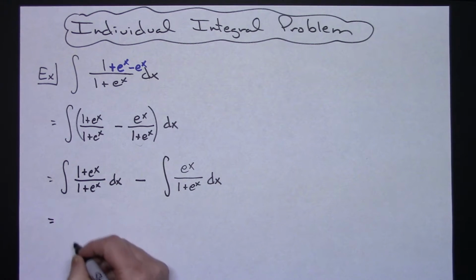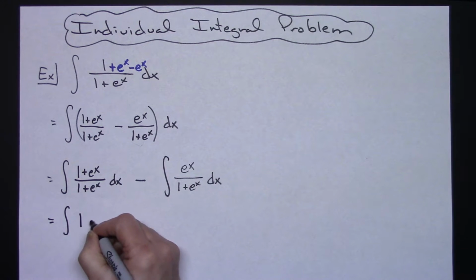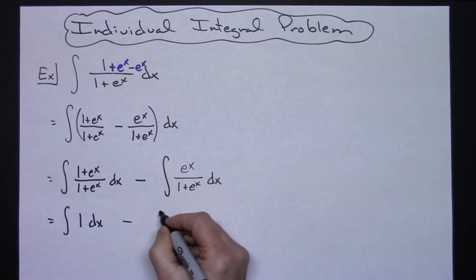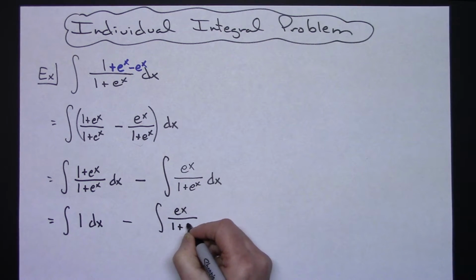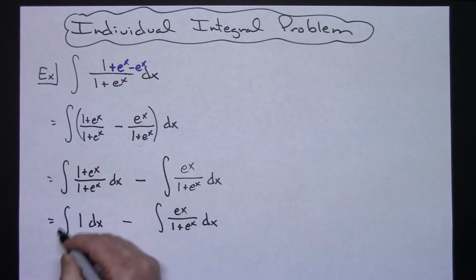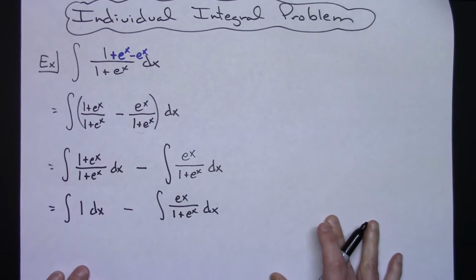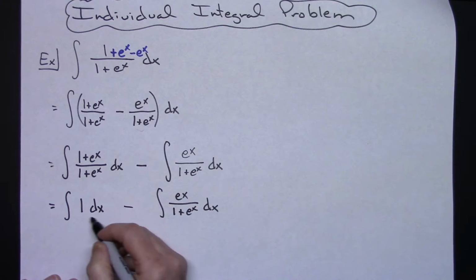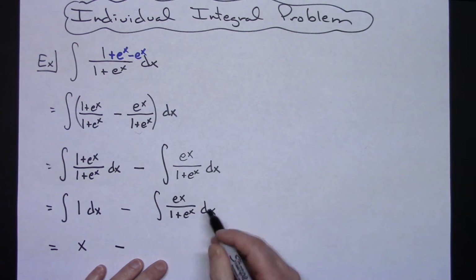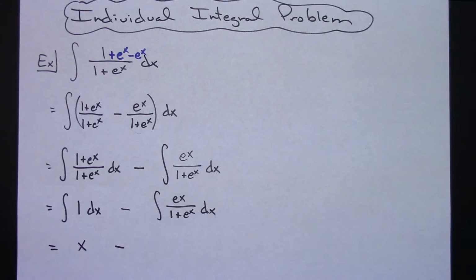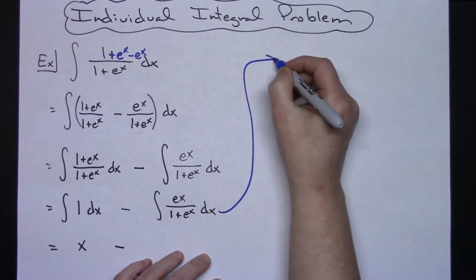We'll do one more showing that: the integral of 1 dx minus the integral of e to the x over 1 plus e to the x dx. Now the first integrates very simply, so you have no work here other than to just get yourself an x right there. Now this second one is going to require a u substitution.